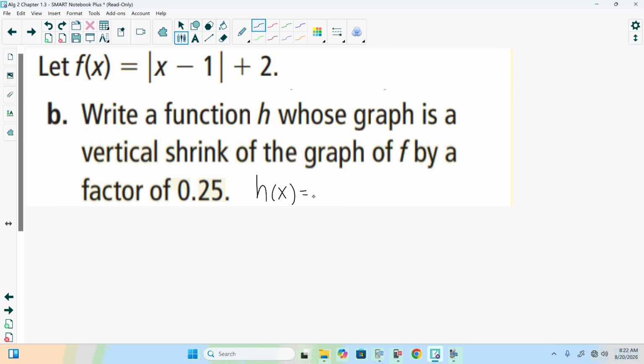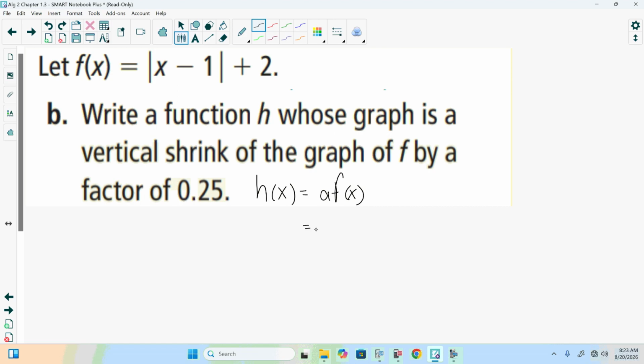We want to write a function that is a vertical shrink by a factor of 0.25 of the function f. So the general form for vertical stretch or shrink is a times f of x.